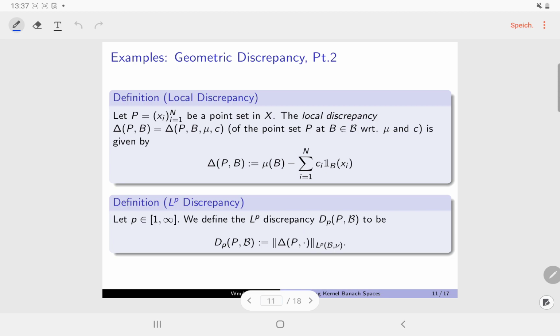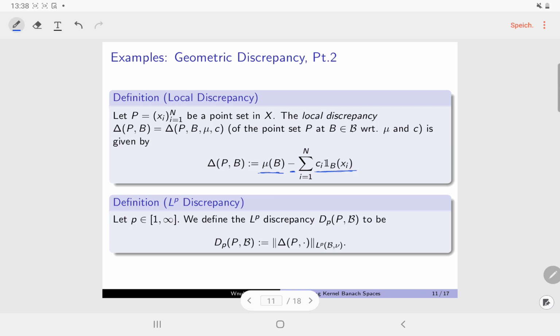And let us first define the local discrepancy of this point set at some set B, with respect to measure mu and weights C. So this local discrepancy is just the measure of B minus the, in a way, empirical measure of B. What do I mean by empirical measure?